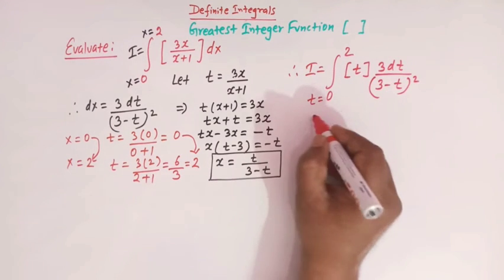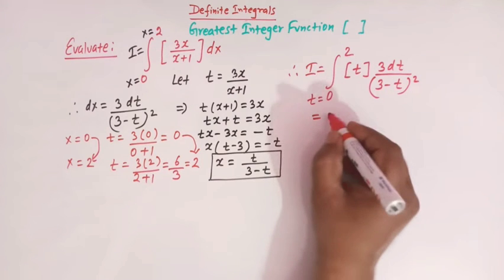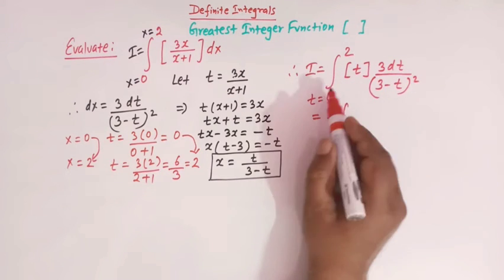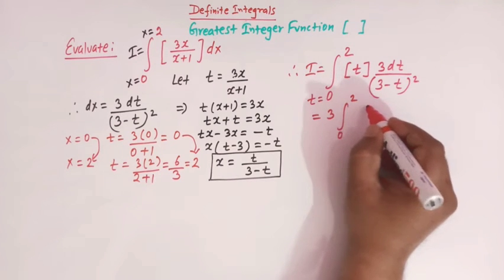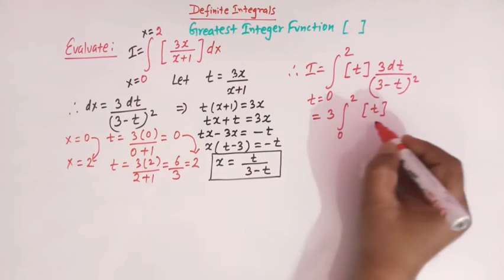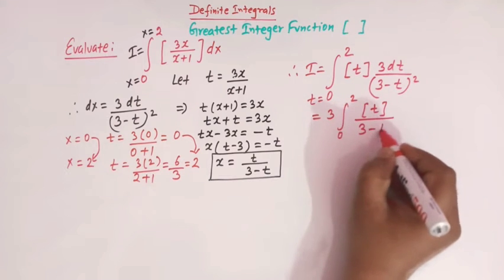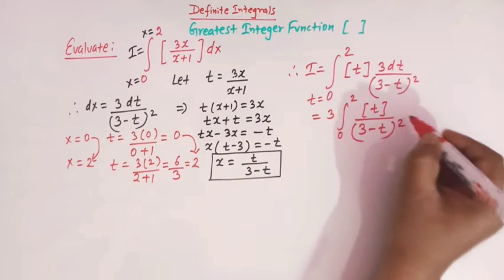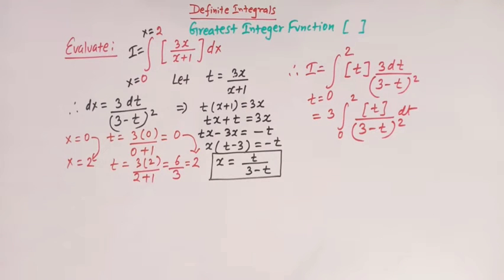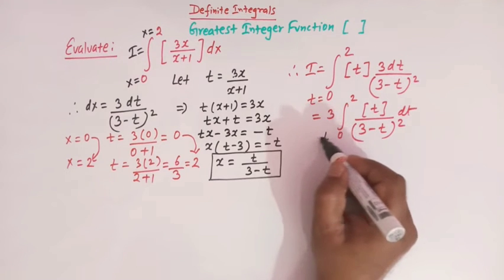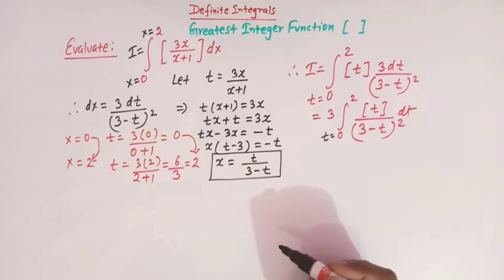And now we can take 3 outside the integral. We have 3 times the integral from 0 to 2 of the greatest integer of t divided by 3 minus t square dt. Okay, so now we see that t varies from 0 to 2.